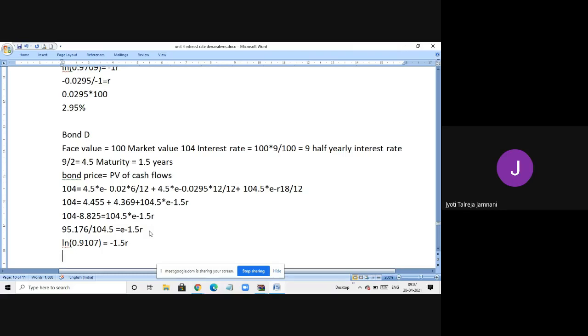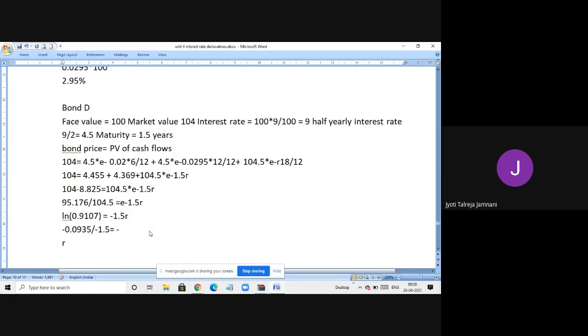You get minus 0.0935, divided by minus 1.5, is equal to r. Minus minus will get cancelled and we'll get the value of r in the next step.